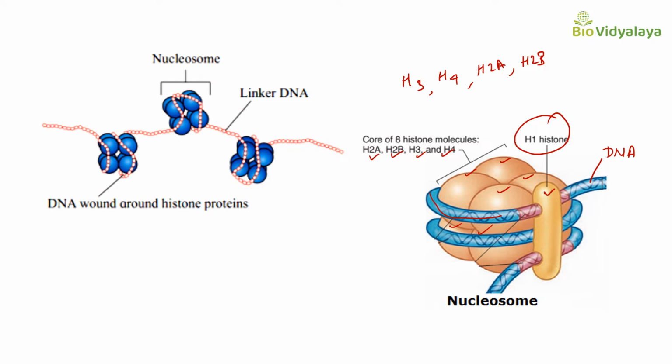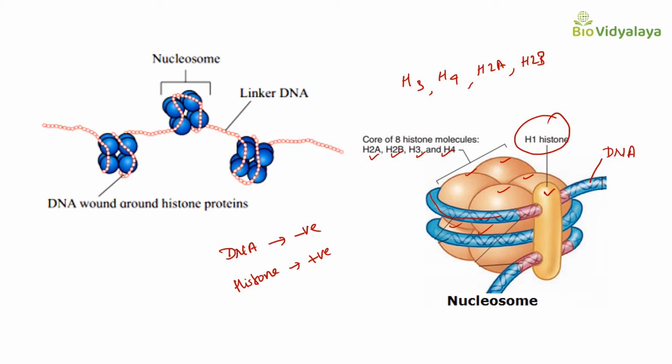We know that DNA has a negative charge. And histone has a positive charge, because it contains a very high amount of positively charged amino acids such as lysine and arginine.